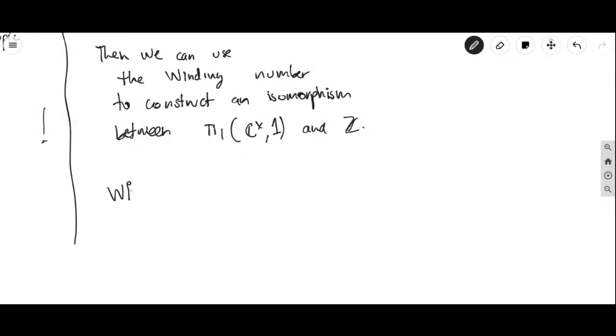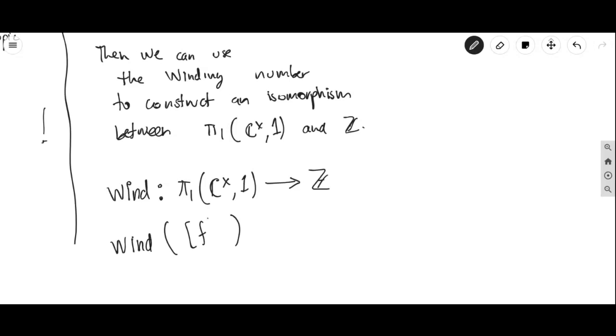Let's call this isomorphism wind, because it comes from the winding number. It's a mapping that takes you from the fundamental group of the punctured plane to the integers. And the mapping here is that the wind of a homotopy class of a loop is just equal to the winding number of that loop.